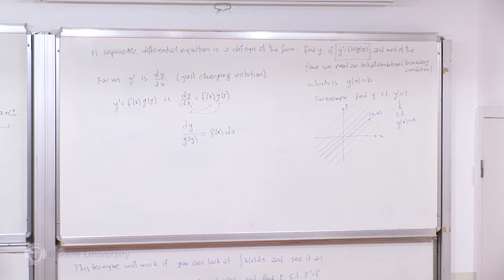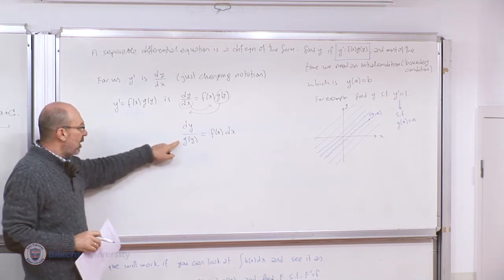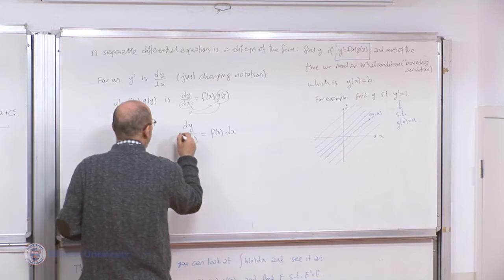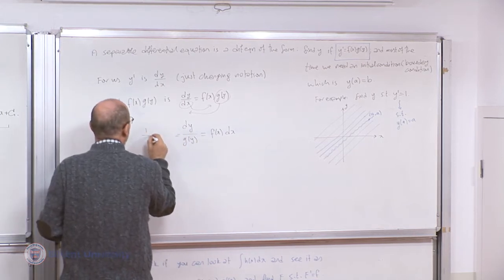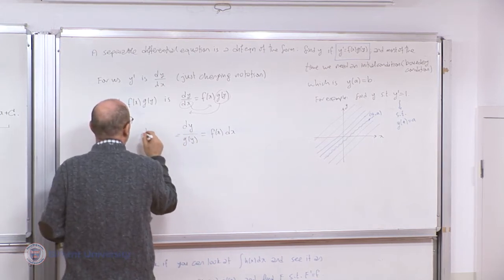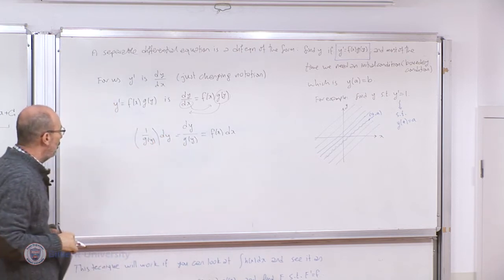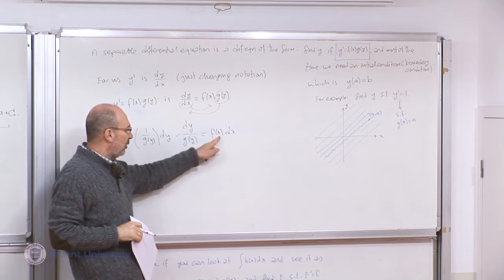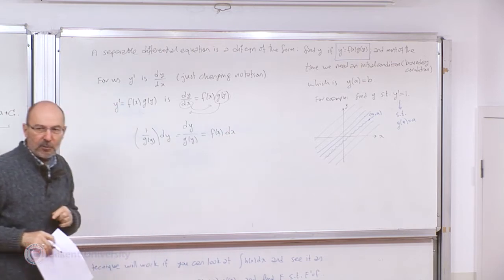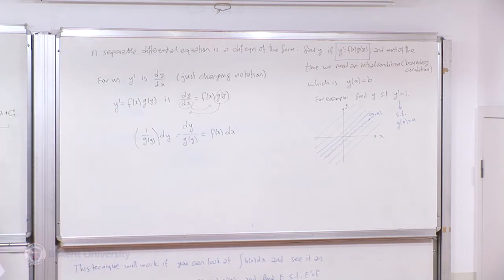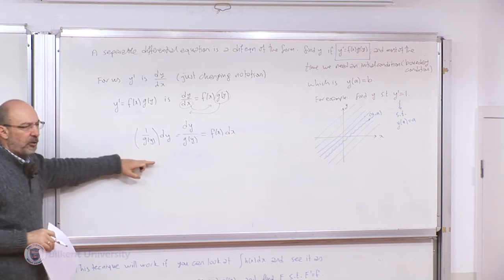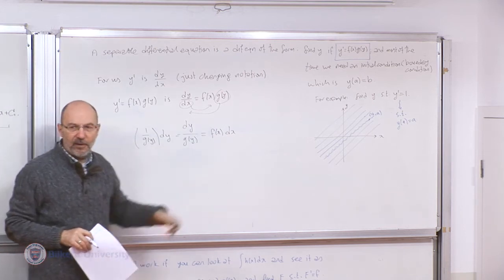Familiar doesn't mean that I can immediately solve it. At least this is something that I've seen before. I can integrate, so this side I can see as 1 over g of y. This is my function of y. I want to integrate it with respect to y. And here I have a function of x. I want to integrate it with respect to x. If I integrate these, here I'll have a function of y equal to a function of x.